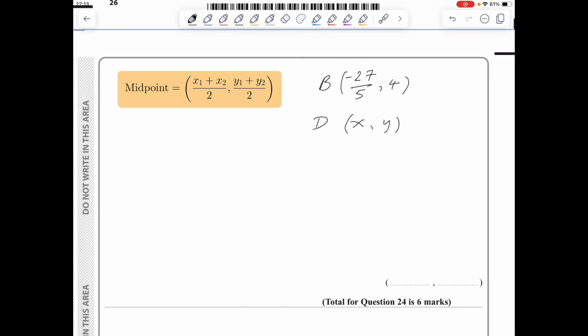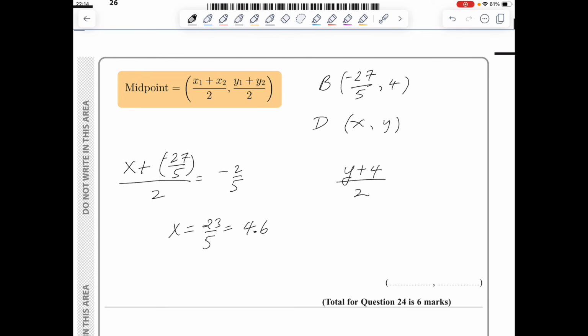Therefore, if I isolate the x and the y coordinates, I will get the following. x plus minus 27 over 5, over 2, is equal to minus 2 over 5. Solving for x will give me 23 over 5, which is 4.6 as a decimal. For the y coordinates, I get y plus 4 over 2 is equal to 6. Therefore, y is equal to 8. Therefore, point D has coordinates 4.6, 8.